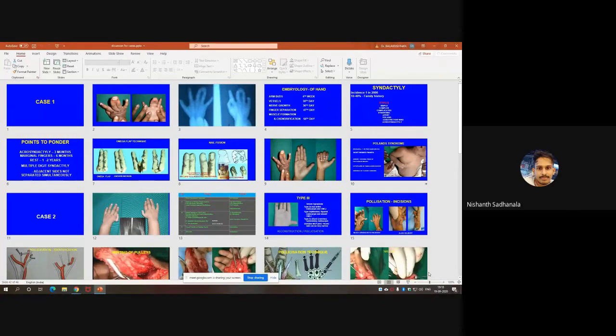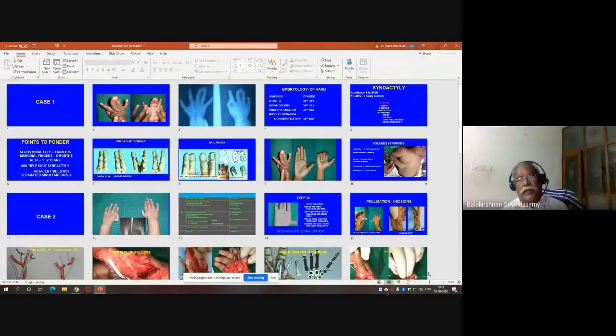Sir, a few books are mentioning it as congenital hand difference rather than anomaly. Why congenital hand difference? Is it just the terminology or is it something different? Not different. We used to call it only congenital anomaly, but everybody felt that word is not a good word to use. That's why the name congenital hand difference came.